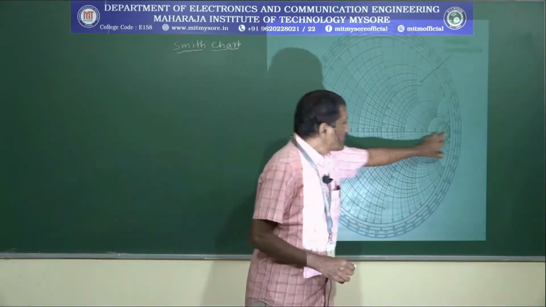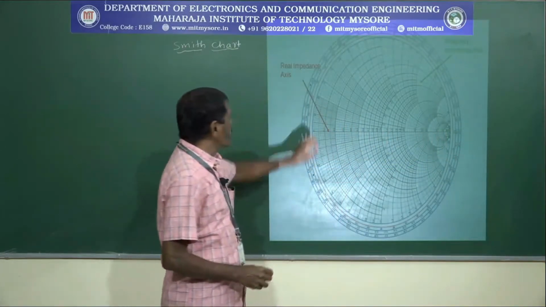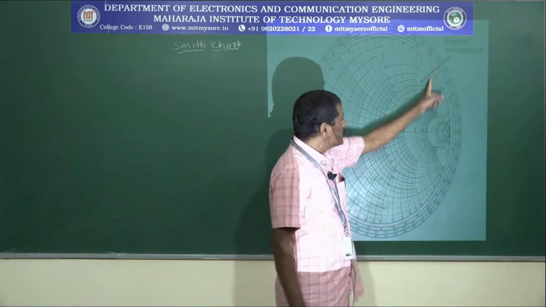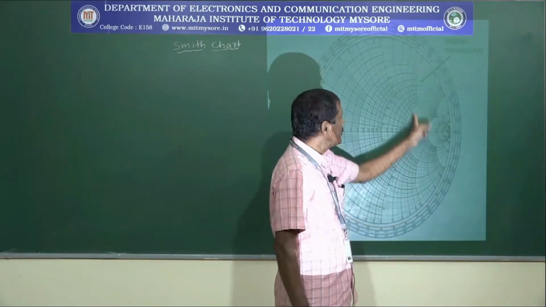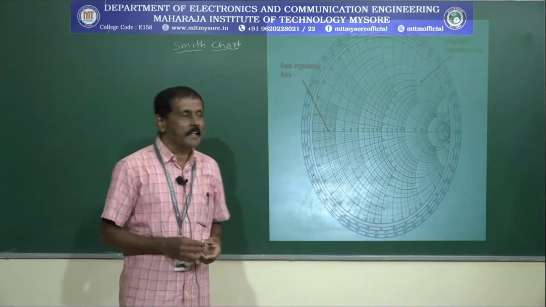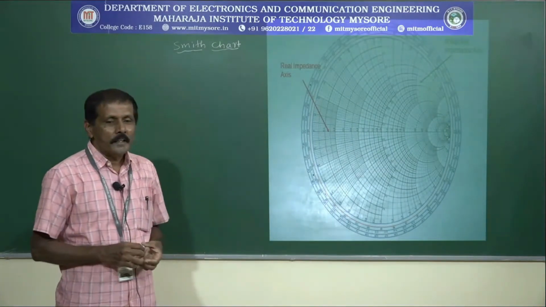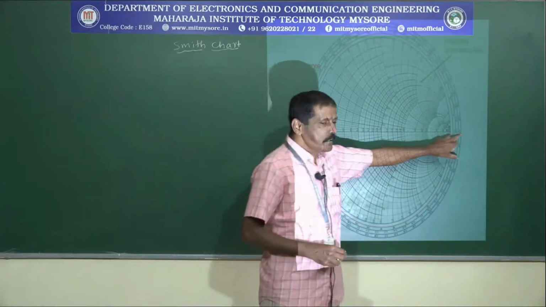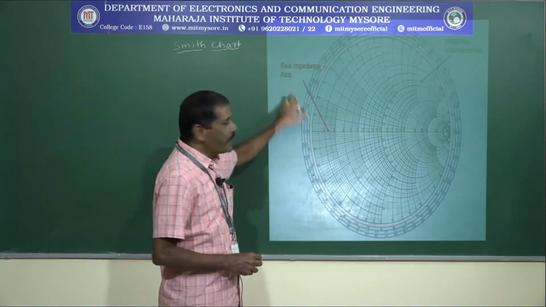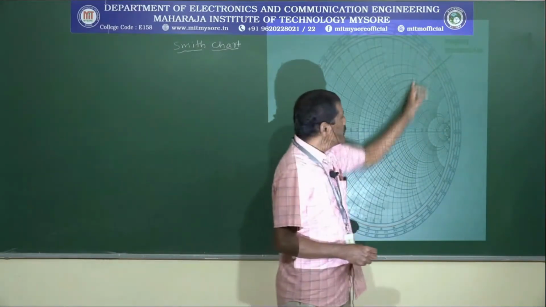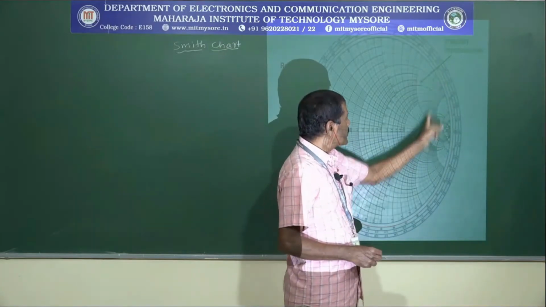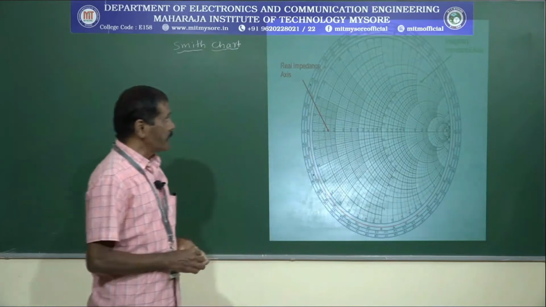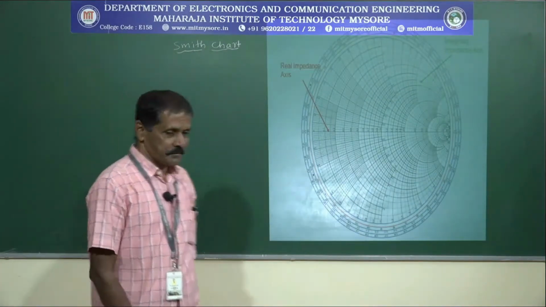Now see this horizontal line. We are taking it as the real impedance axis, and these curved lines we are taking as the imaginary impedance axis.